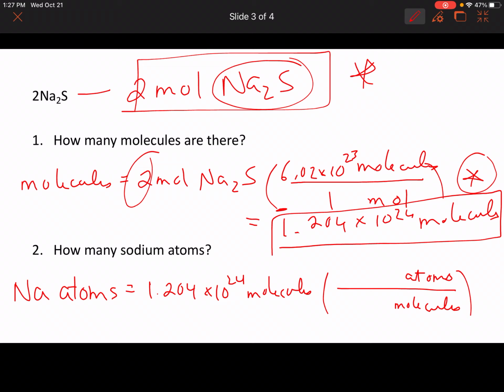And you should hopefully understand that you've got 2 sodium atoms in 1 molecule here. So you're going to take this number and multiply it by 2, and you get an answer of 2.408 times 10 to the 24th, and that's atoms. And again, you would only have 1 sig fig, so your bar will be over the 2 here.